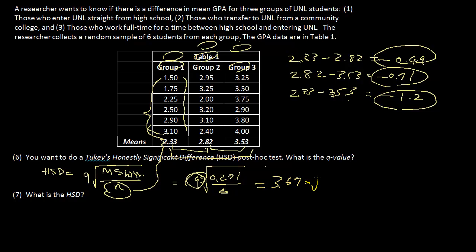3.67 times the square root of 0.271 divided by 6, which is 0.045.